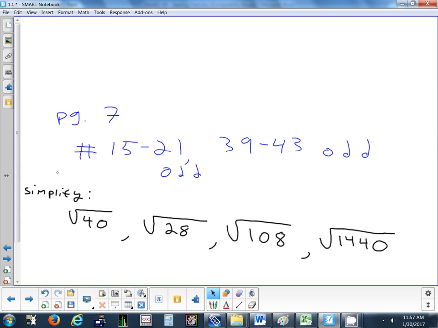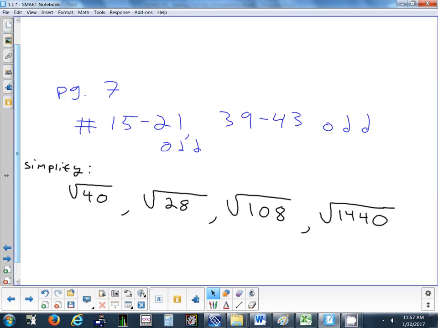All right, so the homework tonight and most nights will usually be in the book. If I do a worksheet, what I generally try to do is put the worksheet in the video. So if you are absent, you can see the worksheet that everybody got in class. All right, so on page 7, 15 to 21, just the odds. Those are distance problems. 39 to 43, odd.